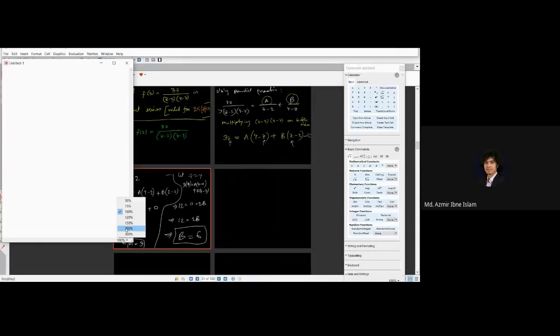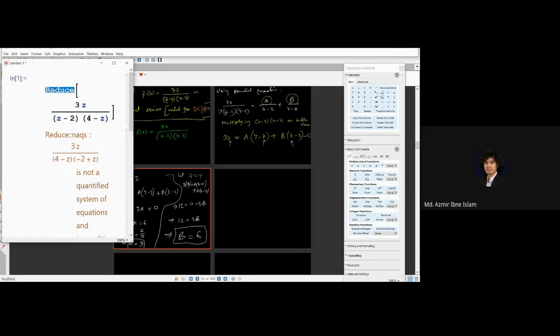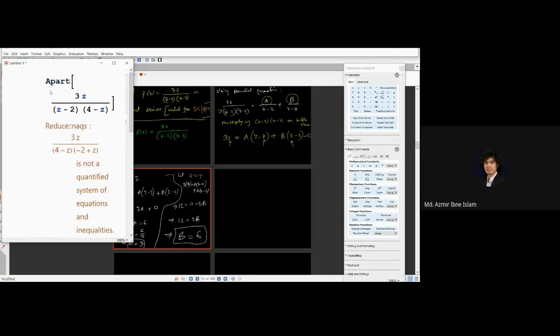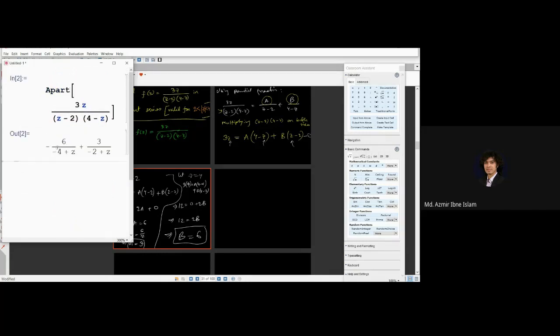The main function is 3z over (z - 2)(4 - z). Sorry, Reduce is not working. I think Apart will work. Yes, we have found negative 6 over negative 4. This one is the accurate part.